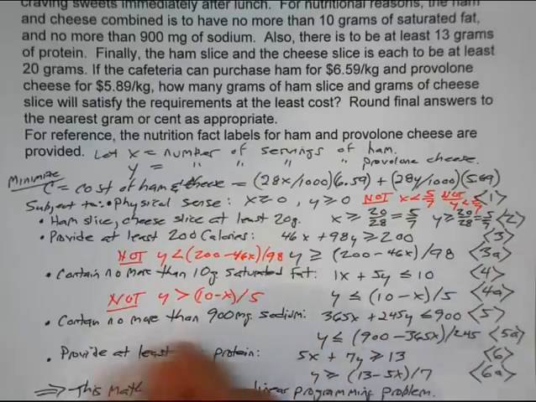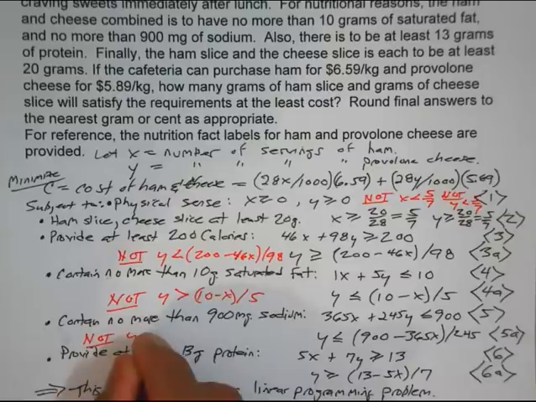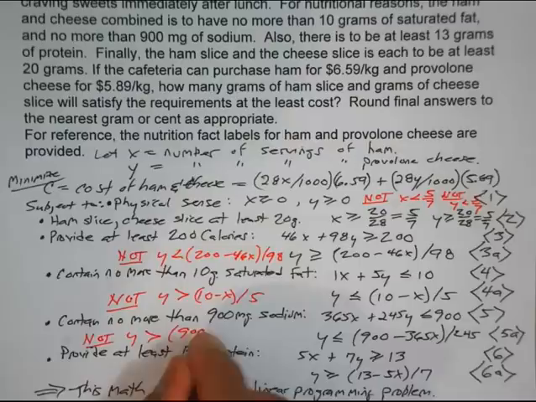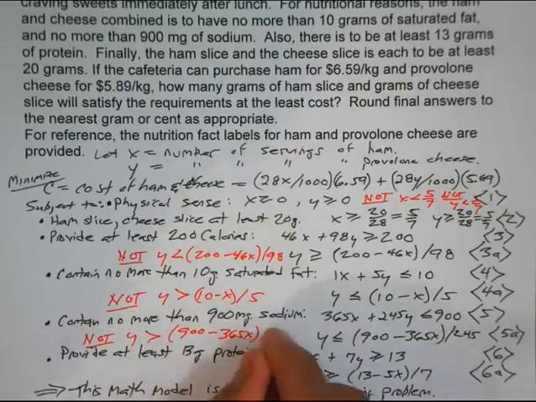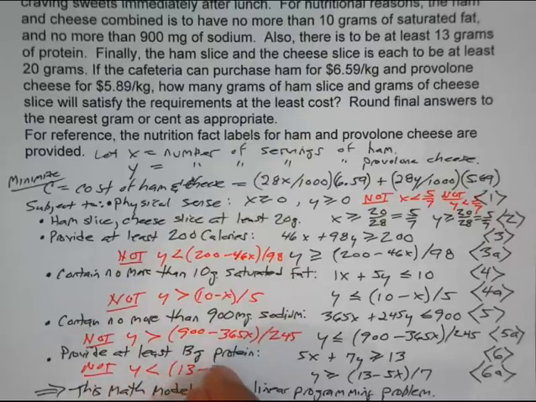Okay, this one here, we'll be graphing not y greater than 900 minus 365x divided by 245. And here we'll be graphing not y less than 13 minus 5x divided by 7.